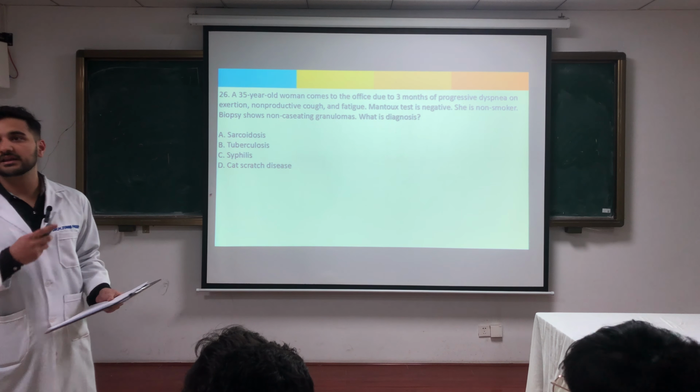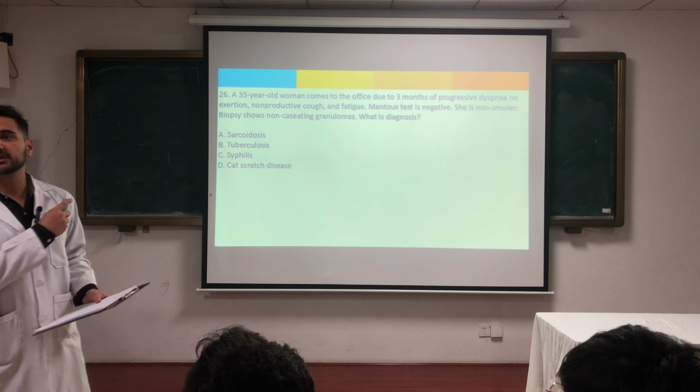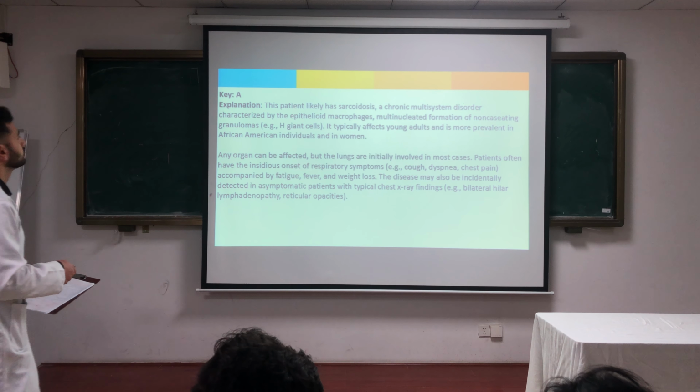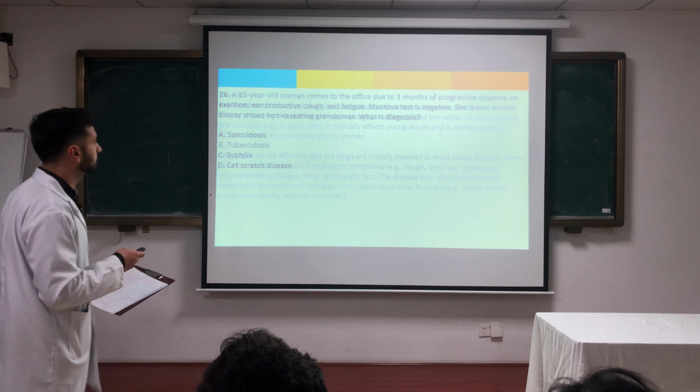Only tell what clinical manifestations we can see in it. In this case, there are progressive dyspnea on exertion, non-productive cough, fatigue, and non-caseating granuloma, all the features of sarcoidosis. Okay. So, what is the causative agent for cat scratch disease?